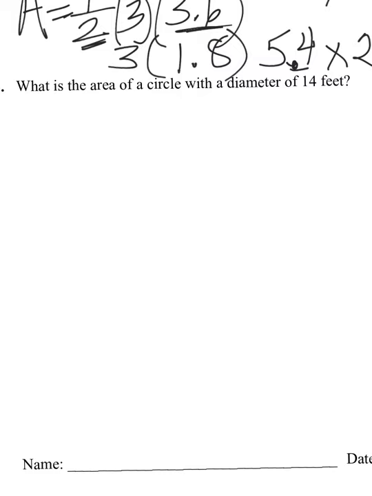Number 8. What is the area of a circle with a diameter of 14 feet? A circle that has a diameter of 14 feet. The diameter goes all the way across. Radius is halfway. In order to find the area of a circle, we do need to know the radius.